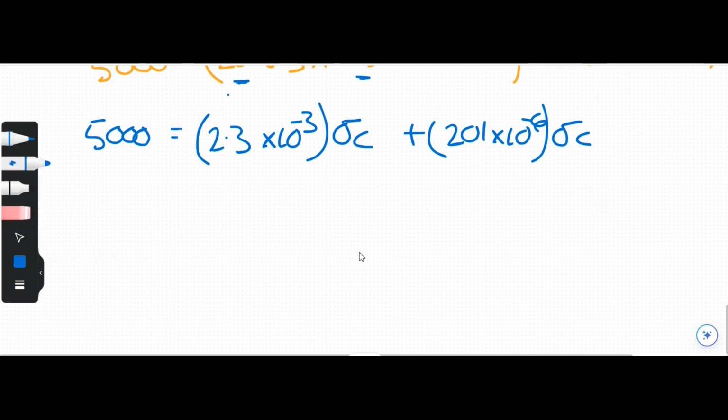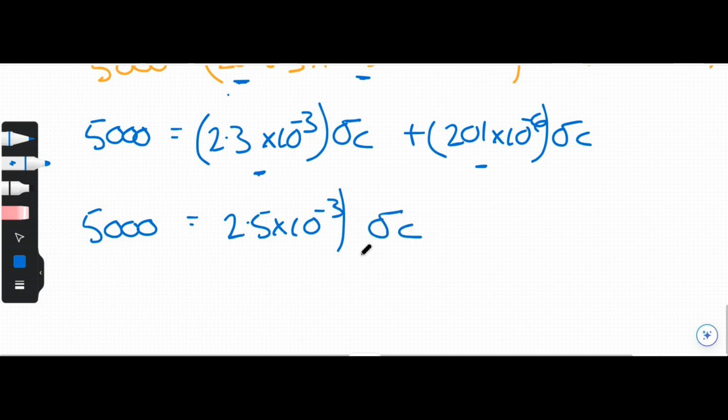So different pen. So I've got 5,000 equals 2.3 plus this gives me 2.5 times 10 to the minus 3. So now I've got an easy thing now. All I've done there is added 2.3 times 10 to the minus 3 plus 201 times 10 to the minus 6.